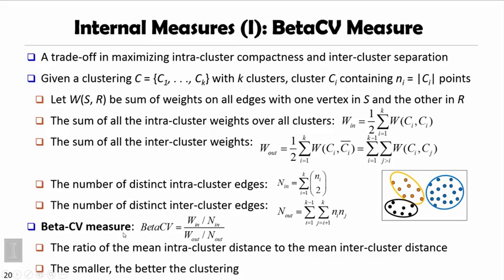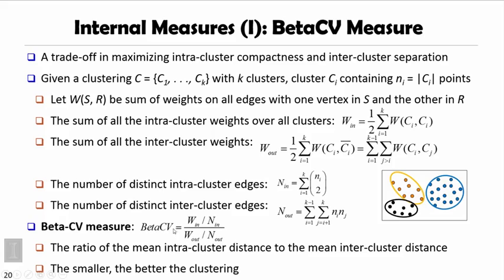Then the BetaCV measure is defined as W in divided by n in. You can think this is the mean intra-cluster distance. And you get W out divided by n out. You can think this is the mean inter-cluster distance.